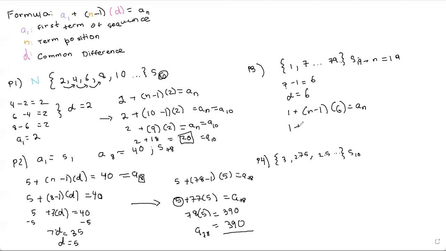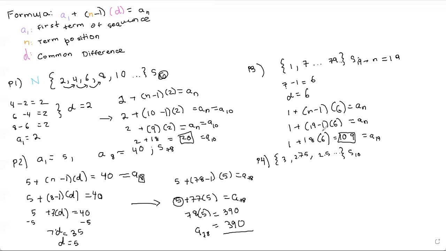Okay, so 1 plus (19 minus 1) times 6 is equal to 1 plus 18 times 6, which is equal to 108 plus 1, which is equal to 109, which is equal to a19. Yay!